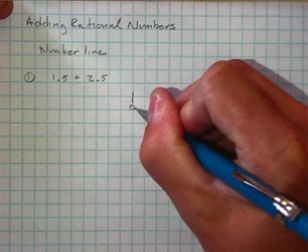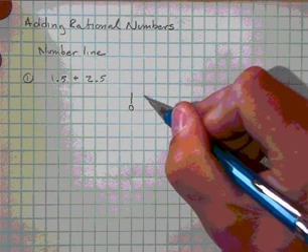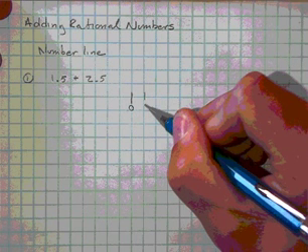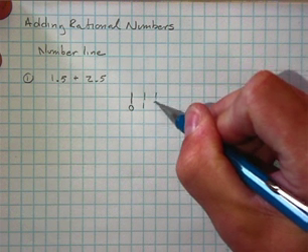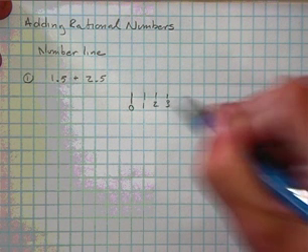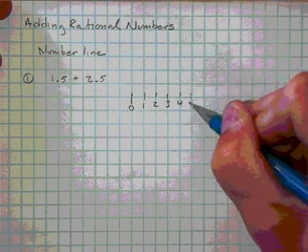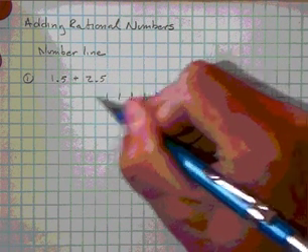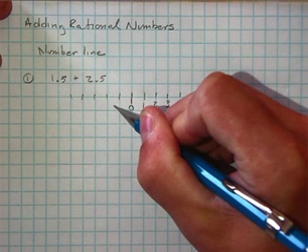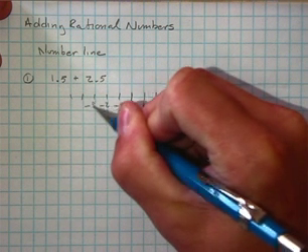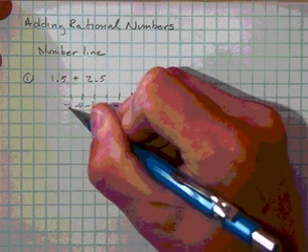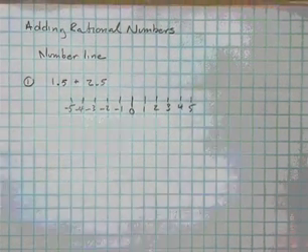So we have 0, and then I'll do 1, 2, 3, 4, 5, and then I'll do the other direction too. 1, 2, 3, 4.